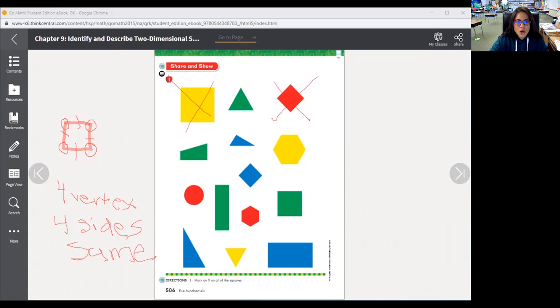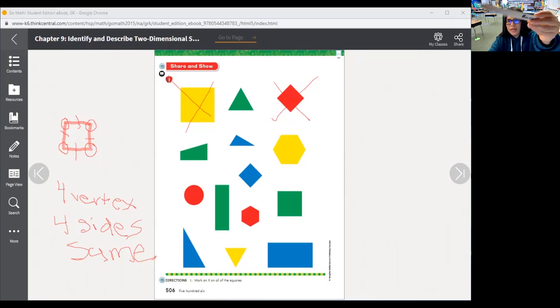No, right? It has 4 sides, but look at this one. This one's kind of shaped a little bit different. It's going to be a little bit longer. This side is a little longer. So that one is not, so we are not going to put an X on it. Sorry about that. All right, how about the next person? Thank you, Kevin. You may mute yourself.